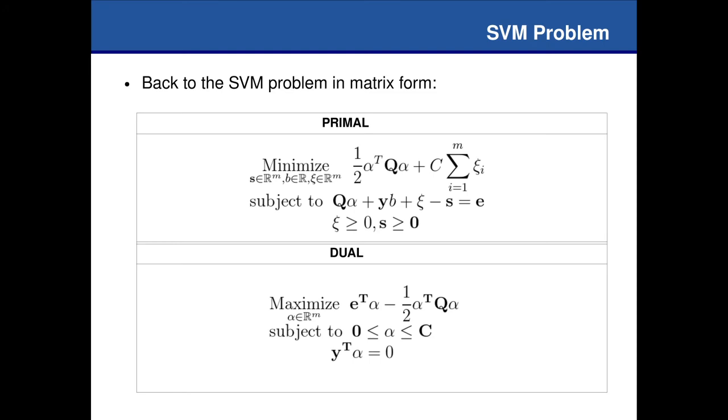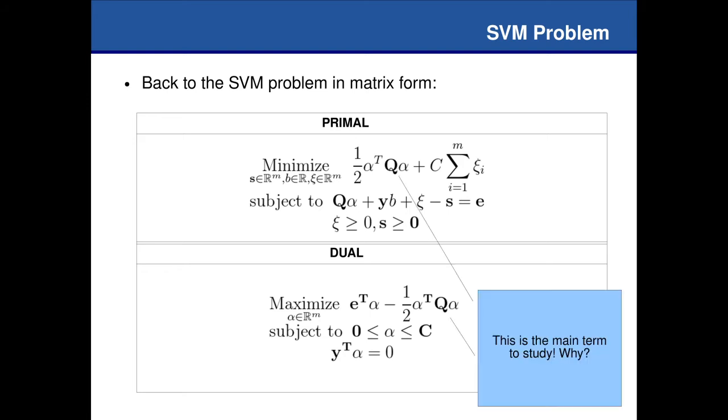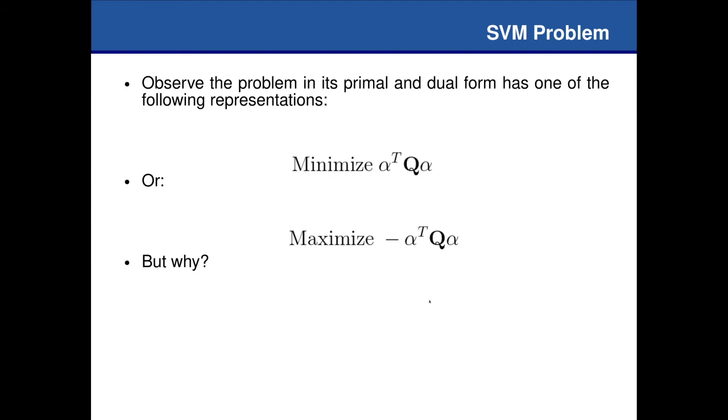So back to the support vector machine optimization. We're going to see the primal and the dual problems here. There is something really essential here: those two terms are the most important. Here I have a minimization of a positive something, and here a maximization of a negative something. What is this something? We're going to discuss that now.